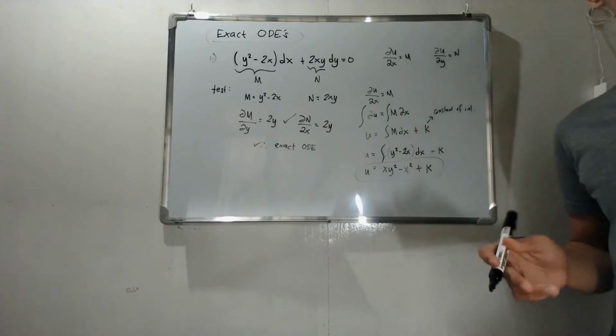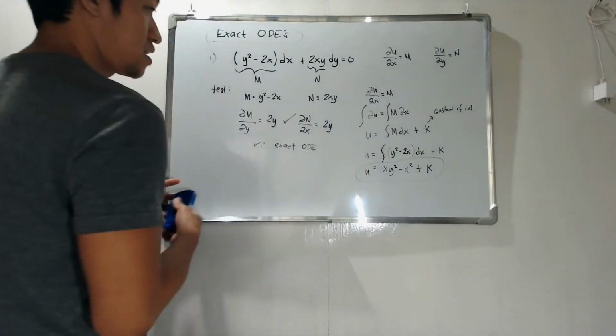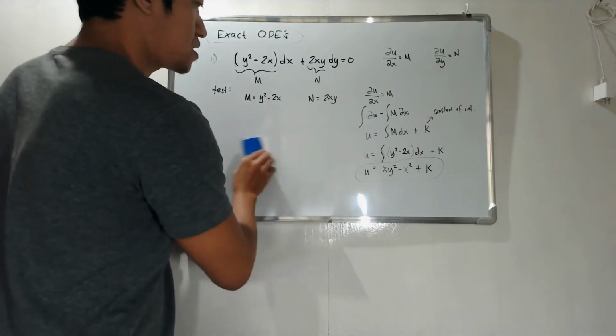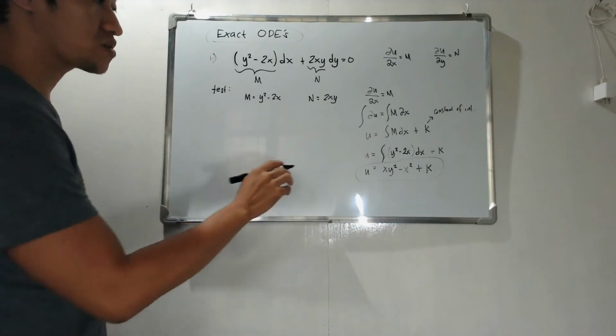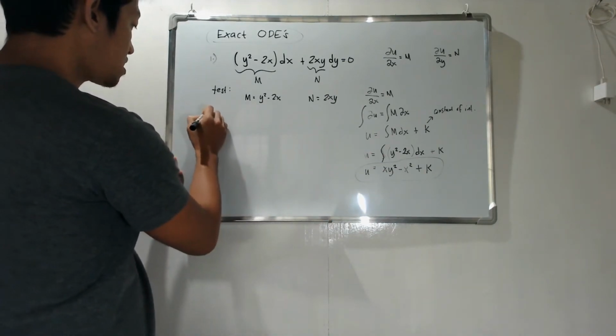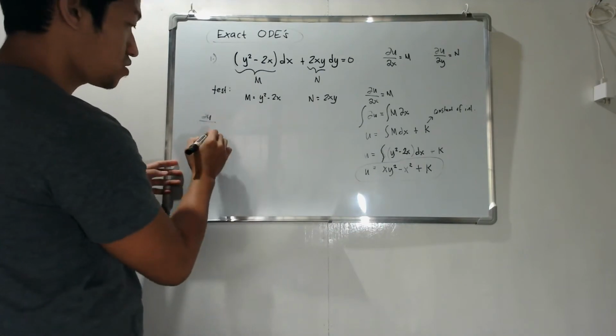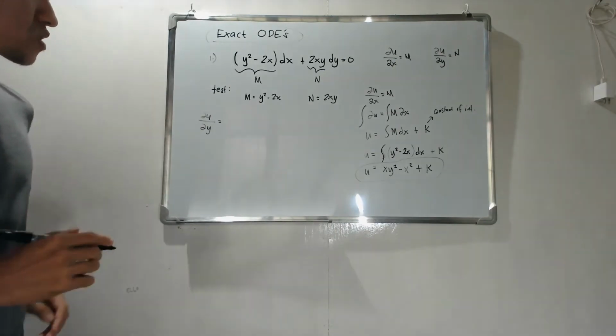So you need to add an additional step. There's an additional step. You need to find the value of k. So where do we get it? We will differentiate u with respect to y. Okay? U with respect to y.